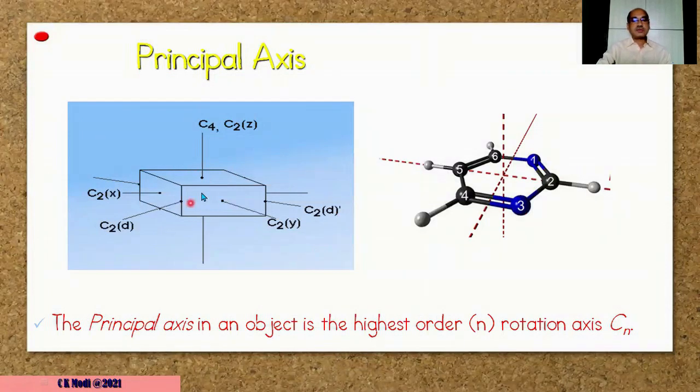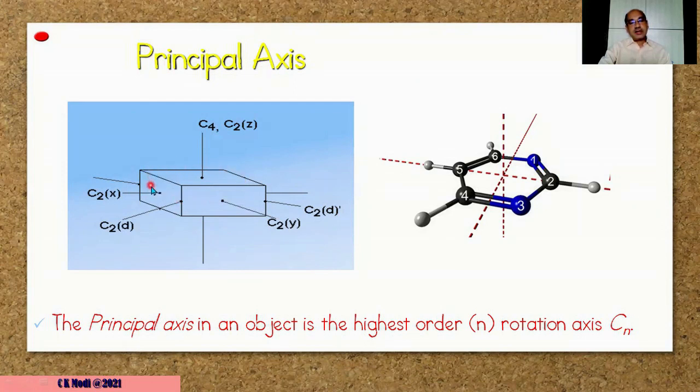Look at this example, the square planar molecule. Now, in this square planar structure, there are a number of rotation axes present. The one axis passes through the center of the square planar, and if I rotate it around 90 degrees, what will happen?